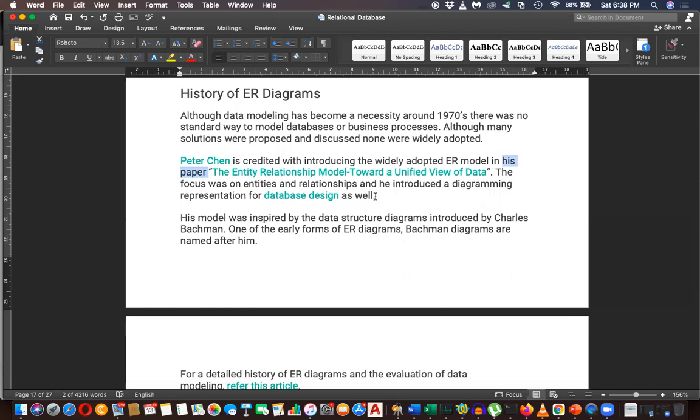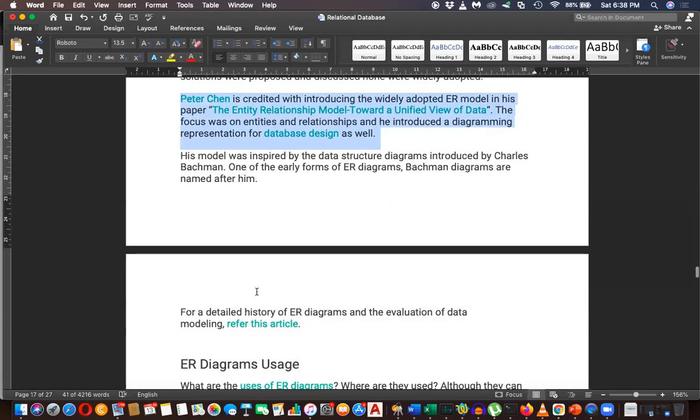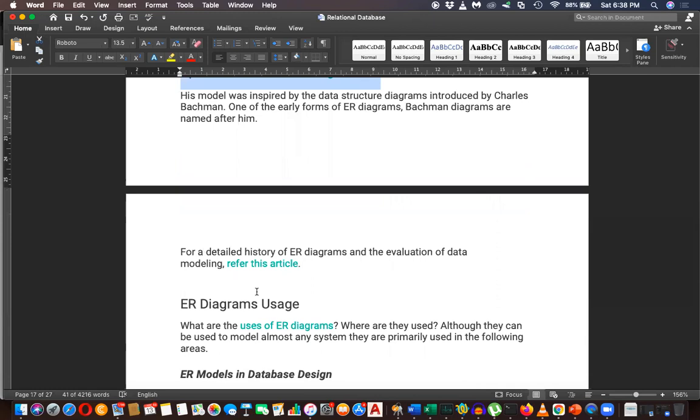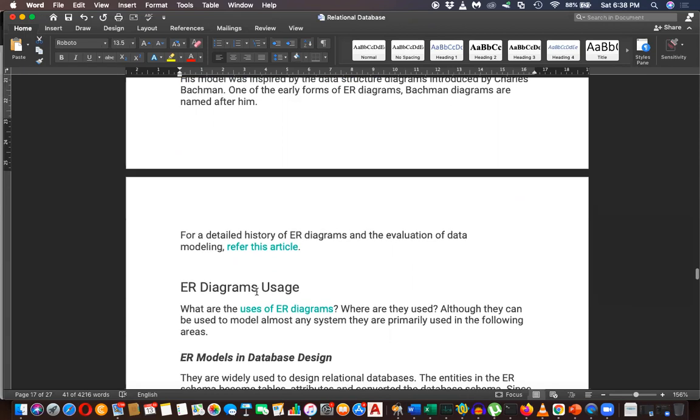So this is the real story behind the ER diagrams. The person who introduced it is Peter Chen. Right. So this was a very good, well accepted, well known model for modeling the database.